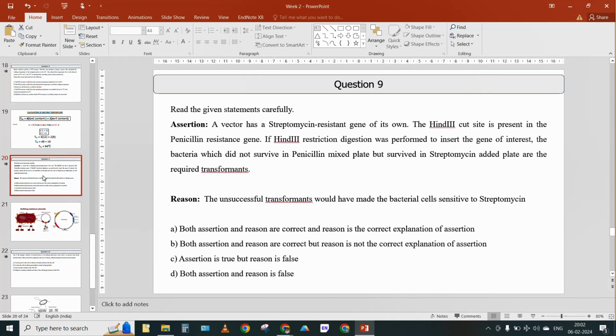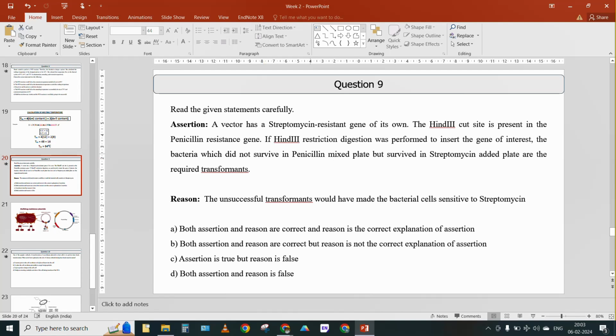So moving to the next question, on resistant genes. Read the given statement carefully. There are some assertion and reason here. The assertion is: a vector has a streptomycin resistant gene of its own. The HindIII cut site is present in the penicillin resistant gene.